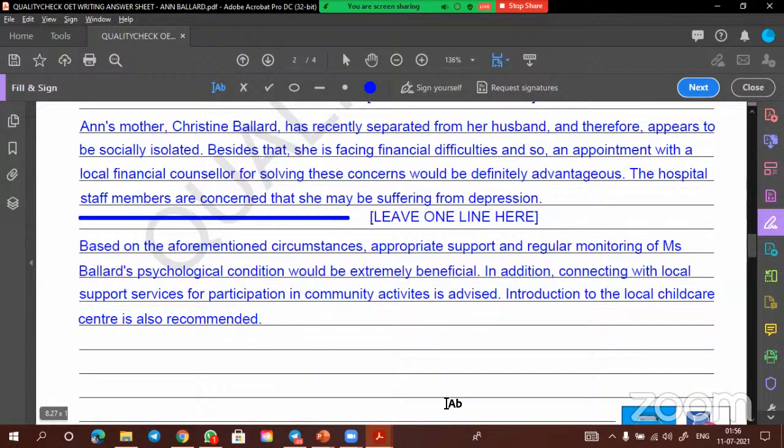So this is how you can write the sentences. This is related to Miss Ballard.